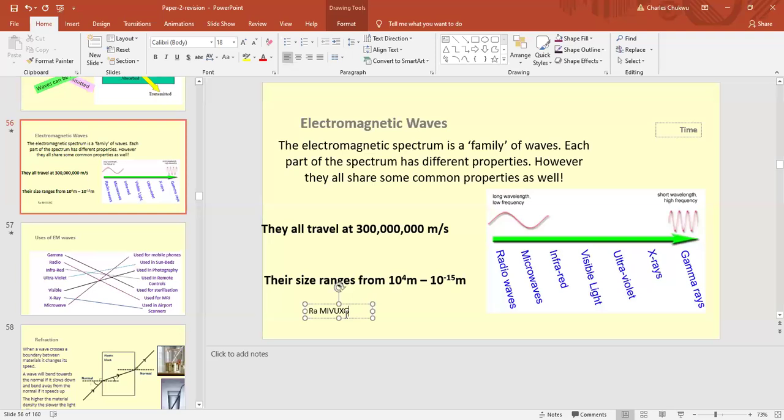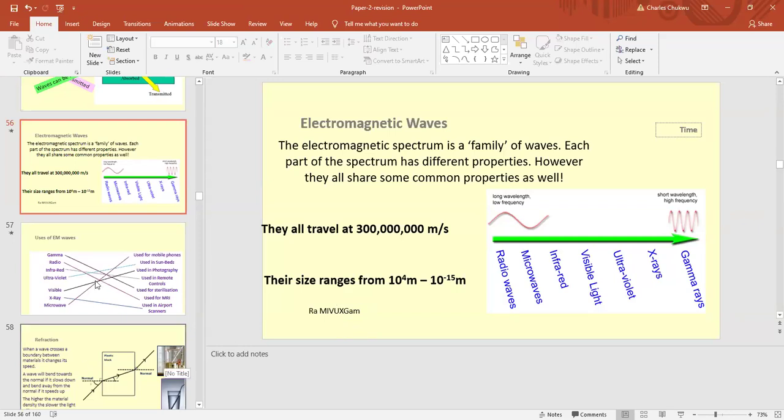And I said GAM, something like that. So you can think of that as an acronym that will help you to remember that.